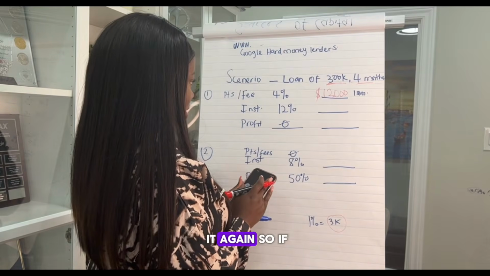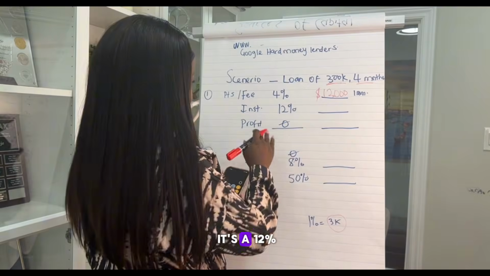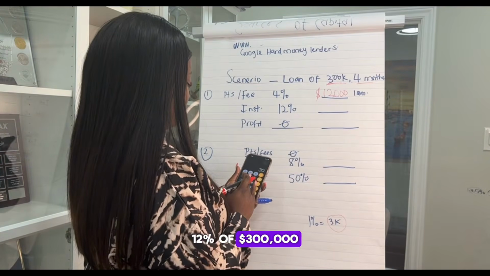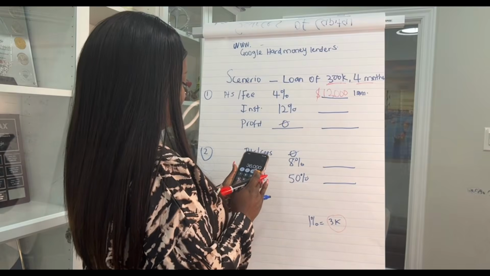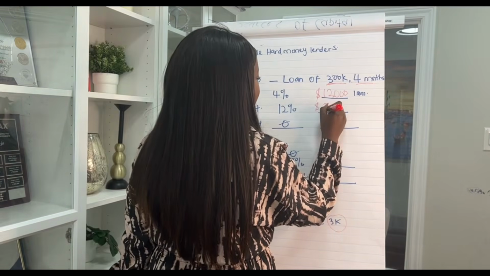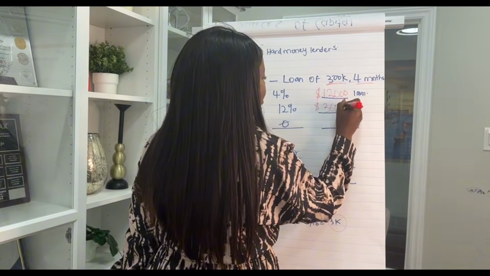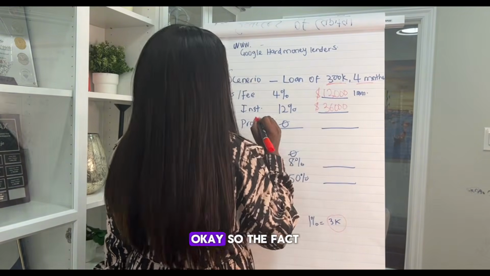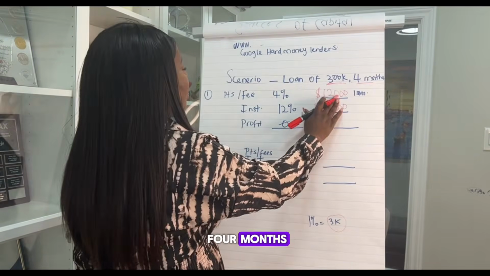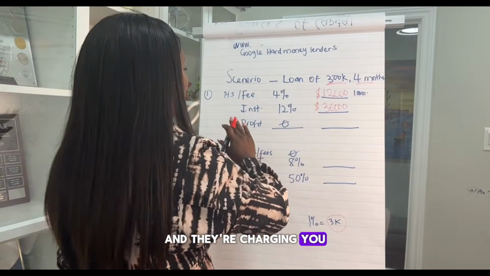Let me just do it again. 12% of $300,000 is $36,000. Okay, so the fact that this is for 4 months and they're charging you interest.